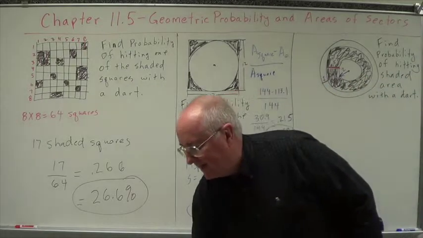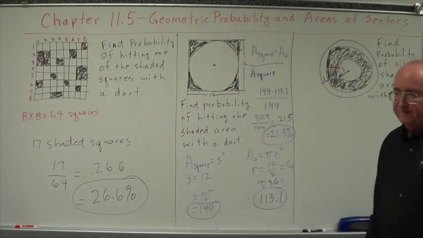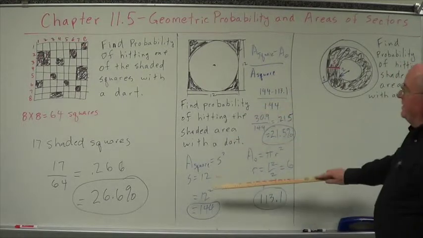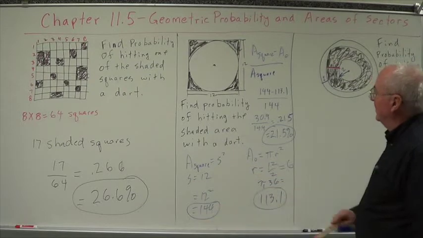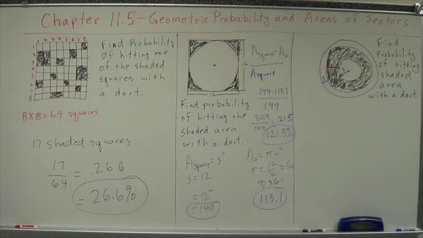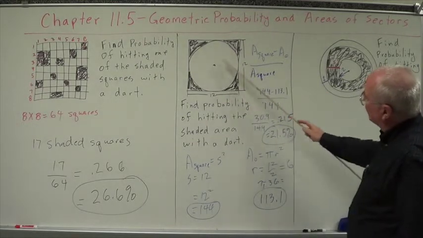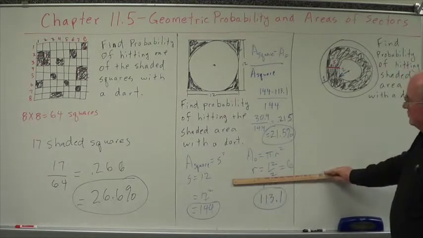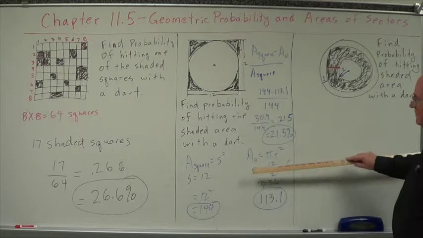Let's go over again exactly how we did this. We're given that each side of that square is 12. From that, we determined that the area of the square is, wow, that's just side squared, it's 144. What is the radius of that circle? Well, it would be half of the side, because that side is the diameter. So we take 12 divided by 2, and we get 6. What's the area of a circle? Pi r squared.